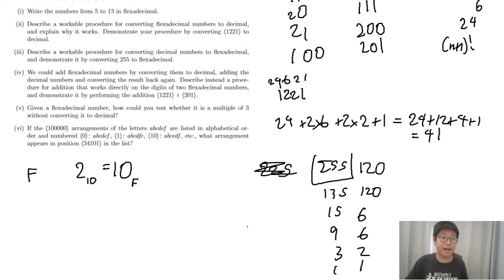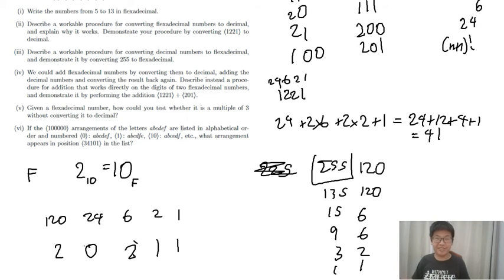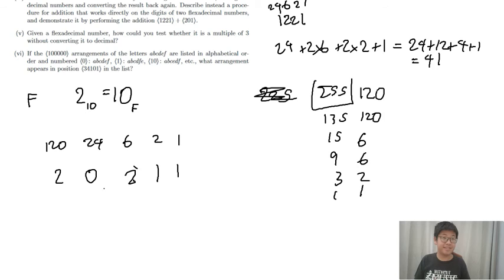So our places are, I'm going to write 120, 24, 6, 2, 1. How many ones do we have? We have 1, 1, 1, 2, 2 6's, and 2 120's. Since there are no 24's, we write a 0 in here. So there you have it. 255 in decimal is 20,211 in factorial base.